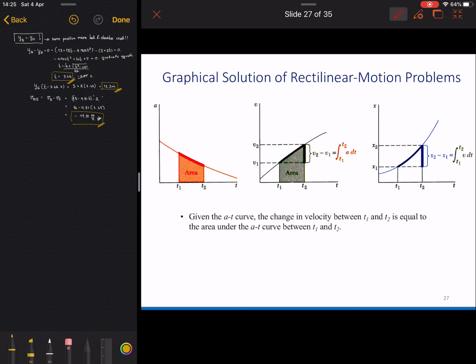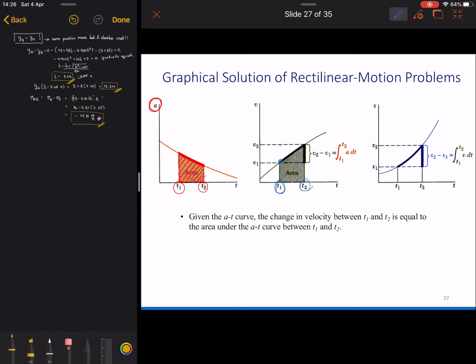Okay. And the other way around, the area. So here we start with the acceleration. The area of this curve, for example from T1 to T2, the area over here, okay, I'll make it more clear, is equal to the change of the velocity from T1 to T2.